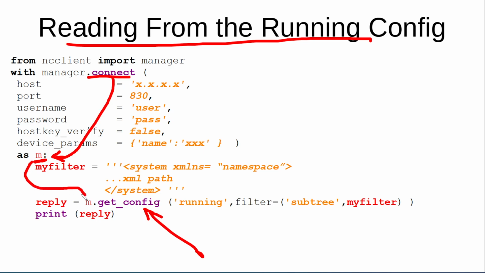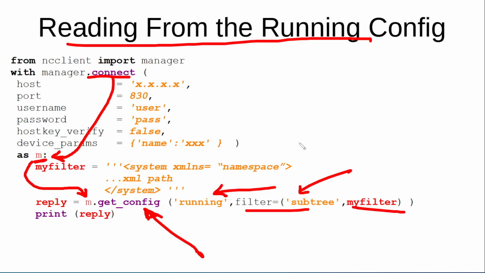So you will use m as your object, and having an object, you can run a method. So in this case, you will have to establish your NETCONF data store and your filter. You may choose not to use a filter, but you will get a big block of code, and if you are interested in just part of the configuration, you can establish a filter.